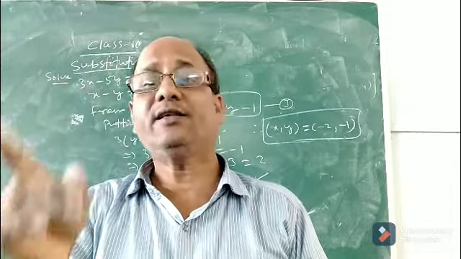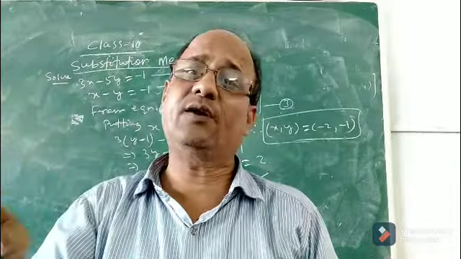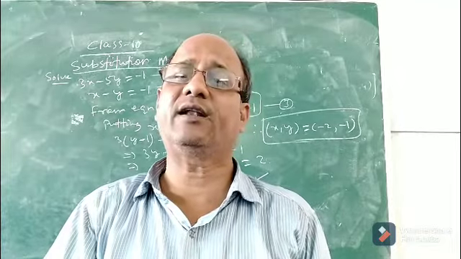Otherwise, if they are equal, then you find c1 by c2. If the three ratios are equal, you write down many solutions, and the answer ends there. And if c1 by c2 is not equal to a1 by a2, b1 by b2, then it has no solution. Then also the answer ends there.